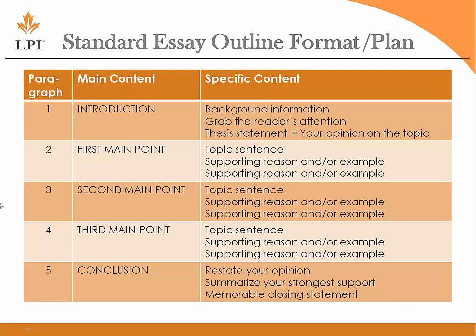So this is a kind of a standard number of paragraphs that people feel is acceptable for an academic essay. Now, you don't have to have exactly 5 paragraphs. You may feel that you need more body paragraphs or perhaps one less, but ideally you want to have about 3 body paragraphs.